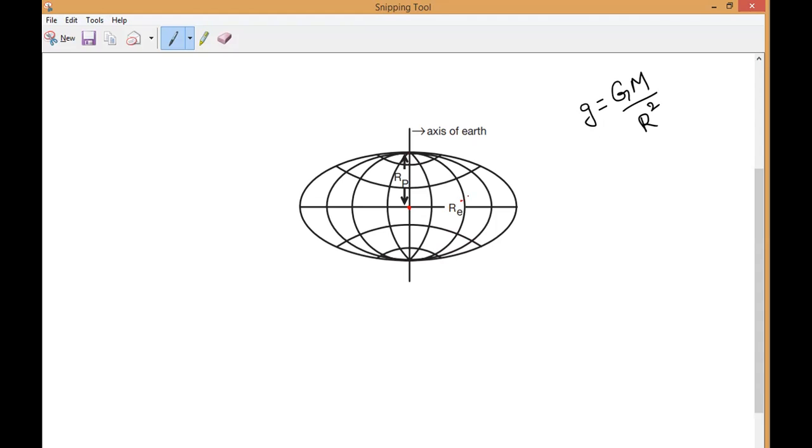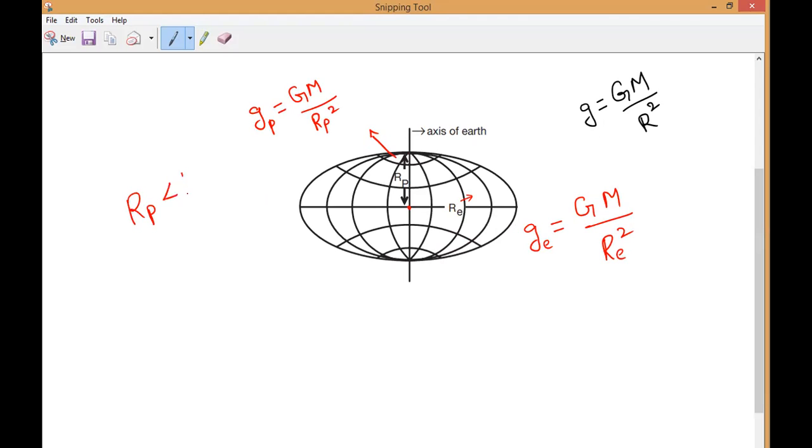Equator. So at equator I will write the G value. At equator, GE is equal to capital G into capital M divided by RE square. At poles, can you tell me the formula at poles? What will come? GP is equal to capital G into capital M divided by RP square. So as we know, RP is smaller than RE. I can say RE, radius at equator, is greater than radius at poles.